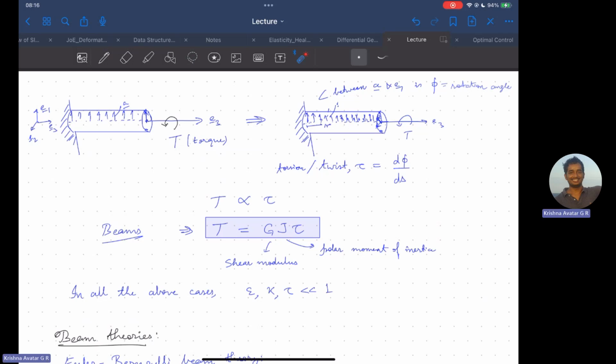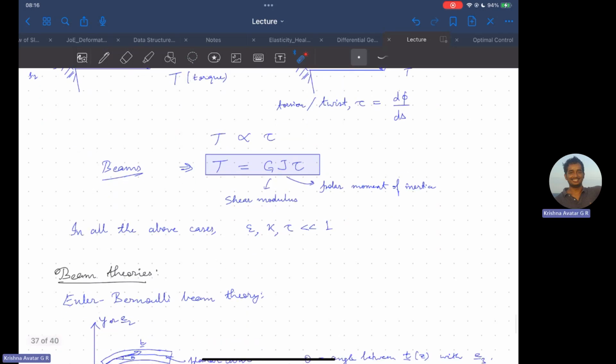So T is equal to GJ tau, where G is the shear modulus and J is the polar moment of inertia.